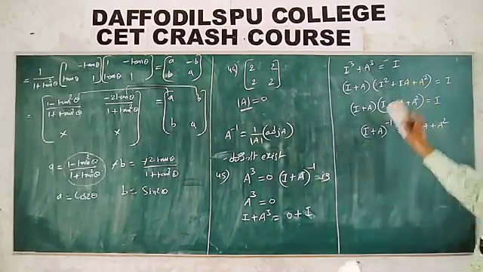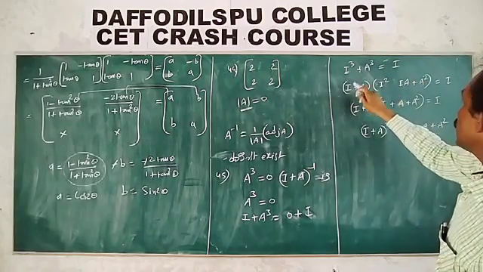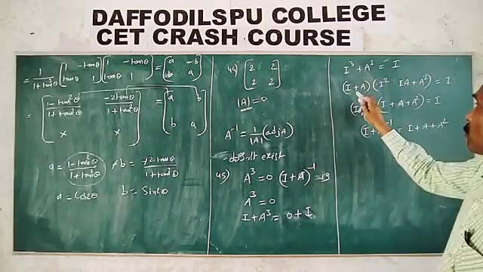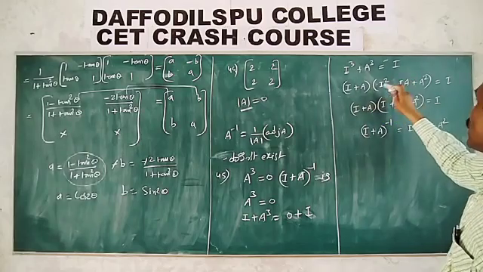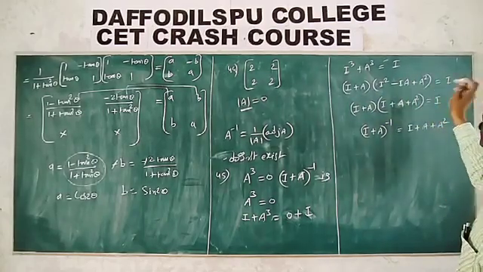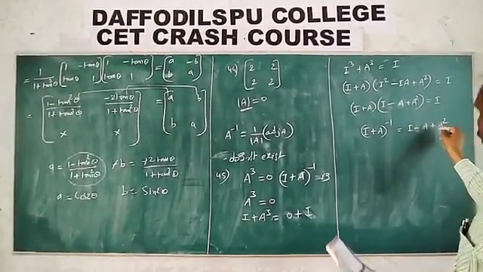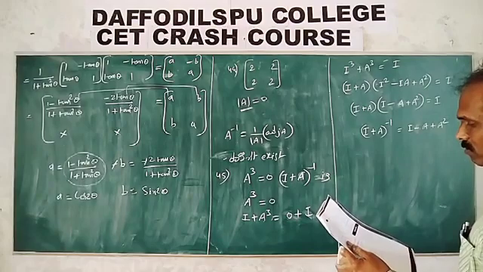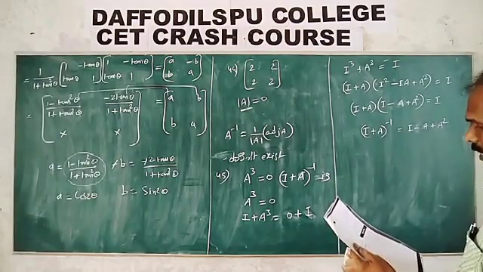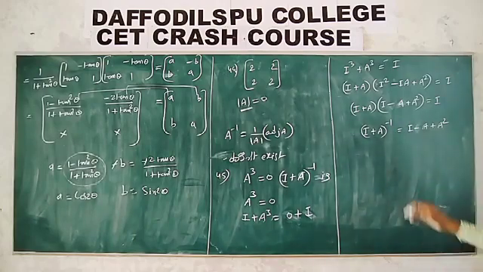The A cube plus B cube formula is A plus B into A square minus AB plus B square. The fourth option, I plus A square, is wrong. The third option, I minus A plus A square, is the correct answer.